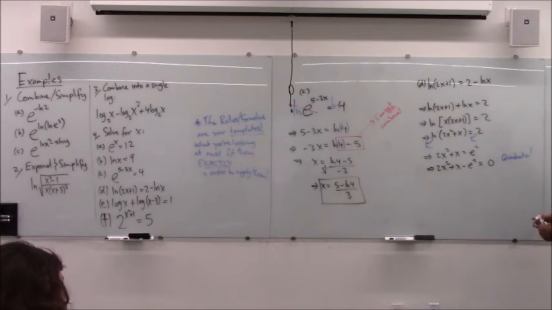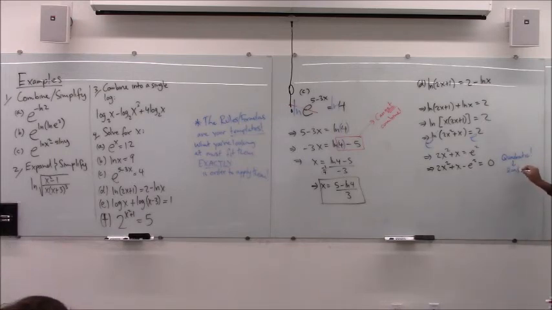Quadratic formula. So you can also remember the quadratic formula as an option. The quadratic formula says if you have ax squared plus bx plus c equals 0, then your x is going to be minus b plus or minus the square root of b squared minus 4ac all over 2a.